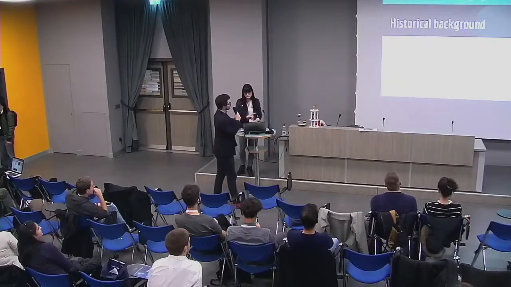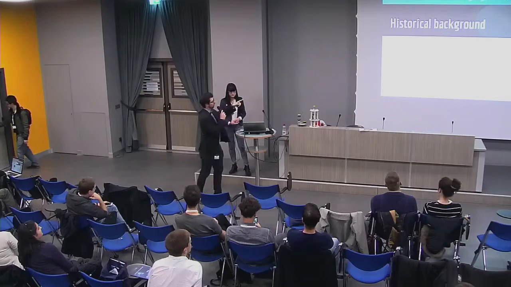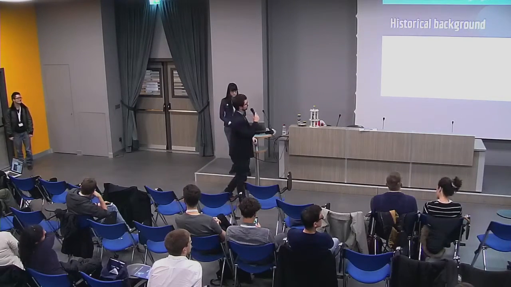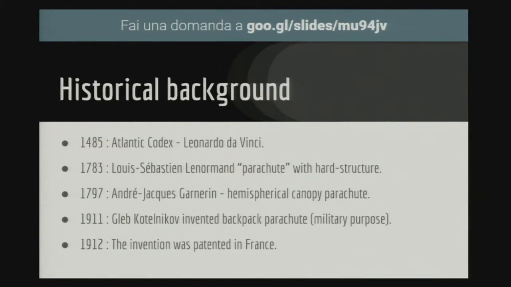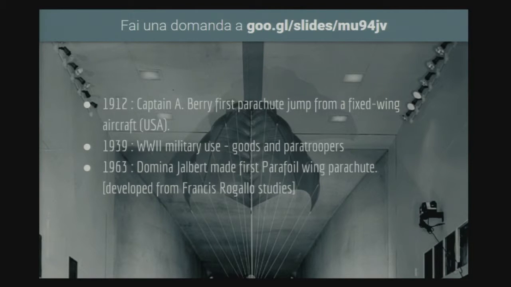The first point is in 1485 in the Atlantic Codex by Leonardo da Vinci, and through all the dates I'm jumping because we are a little late, and we can arrive to Captain Avery, and in 1963 the first powerful wing parachute, developed before by Francis Rogallo and then implemented by NASA.